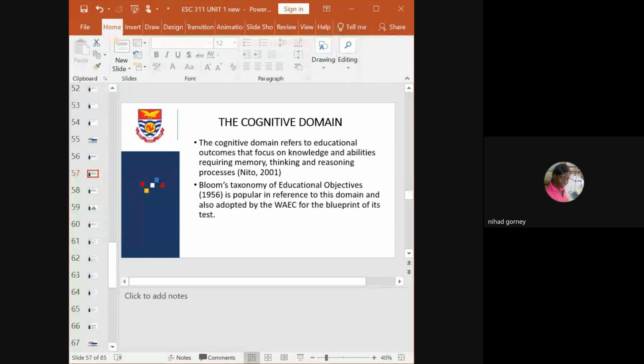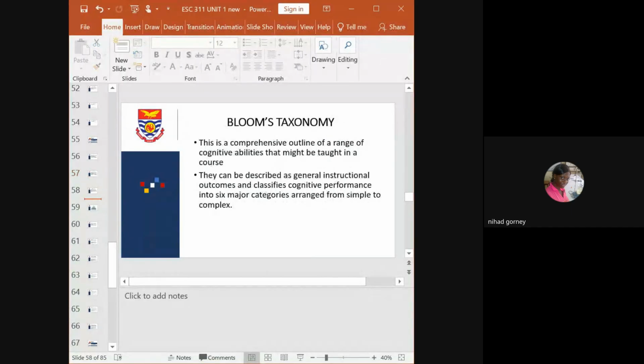Now, Bloom's taxonomy is very popular in reference to this domain, and it's one of the things that is adopted by WAEC for testing. Bloom's taxonomy is the comprehensive outline of a range of cognitive abilities that might be taught in a course. Not can be taught, but might be taught depending on how complex the ranges are. It can be described as general instructional outcomes.